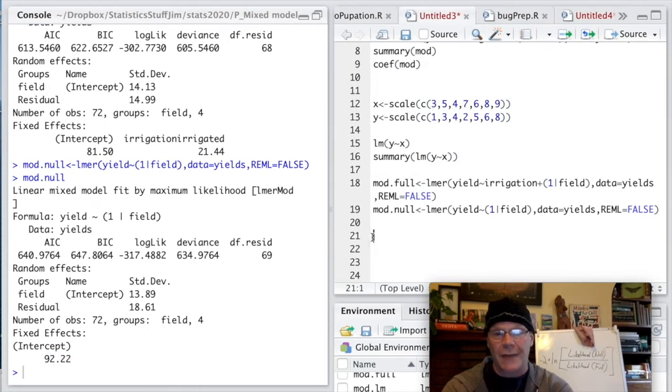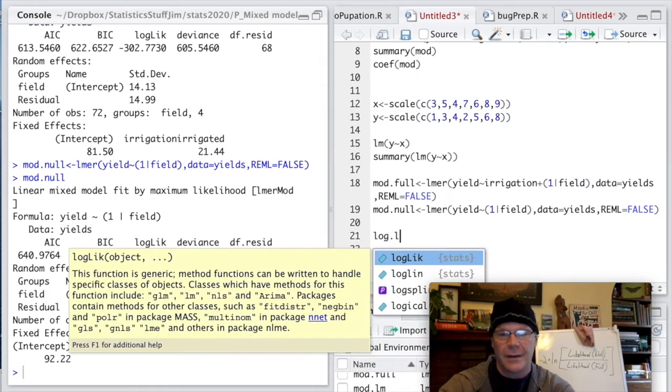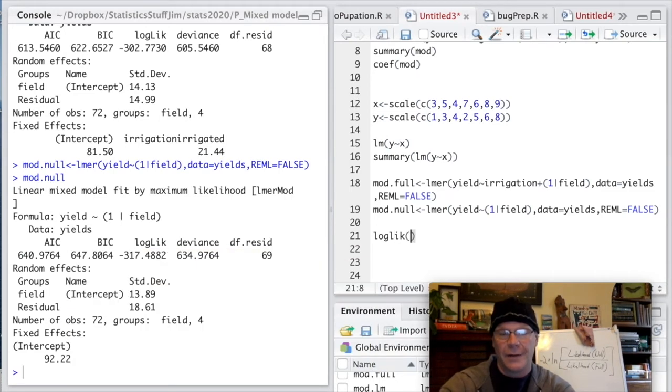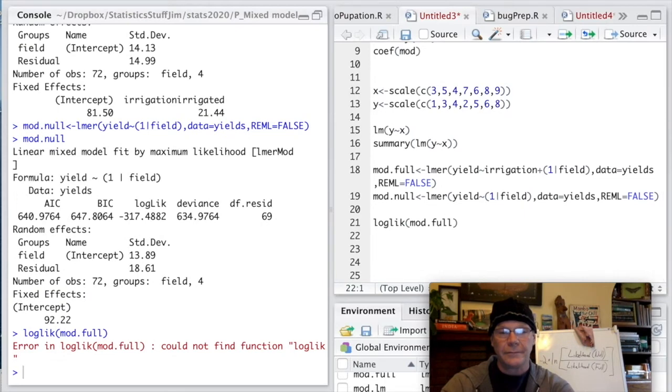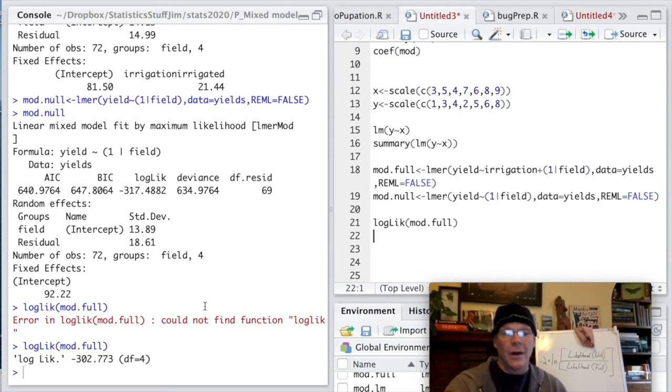And so now I have these two models, and as we've played with a little bit before, we can extract the log likelihood. Log like of our mod full. This has to be capital H. And so there is the log likelihood of the full model.